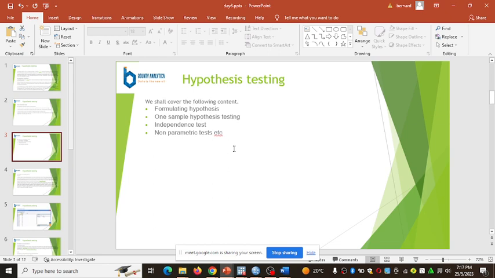The second one, we will look at one sample hypothesis test and the independence test. Yeah, so these are things that we will look into. And for the first one, I think I didn't document this one here. Let me see.